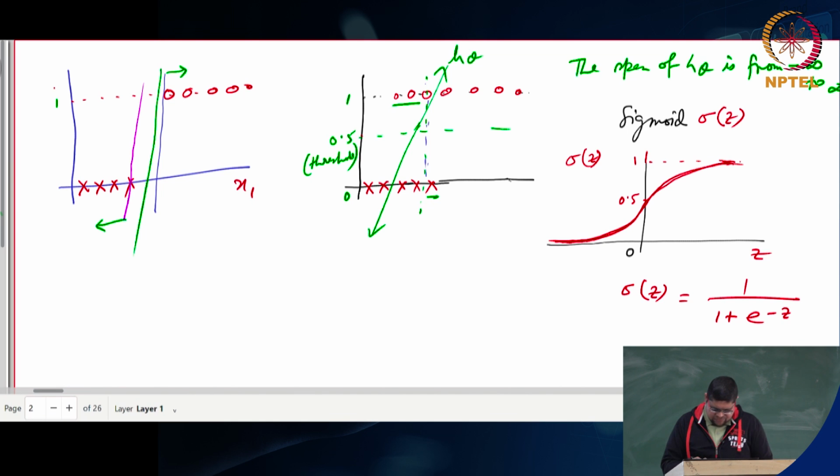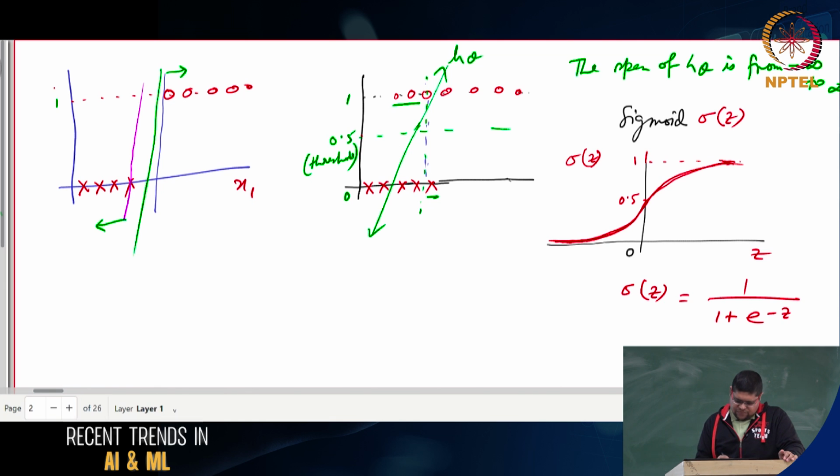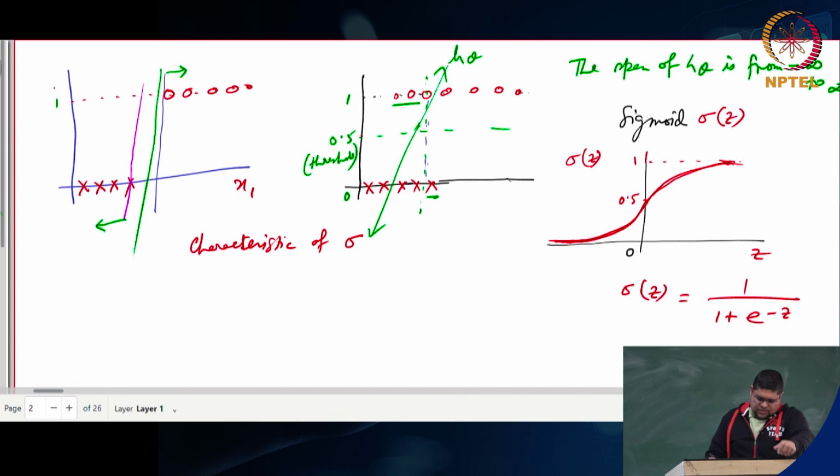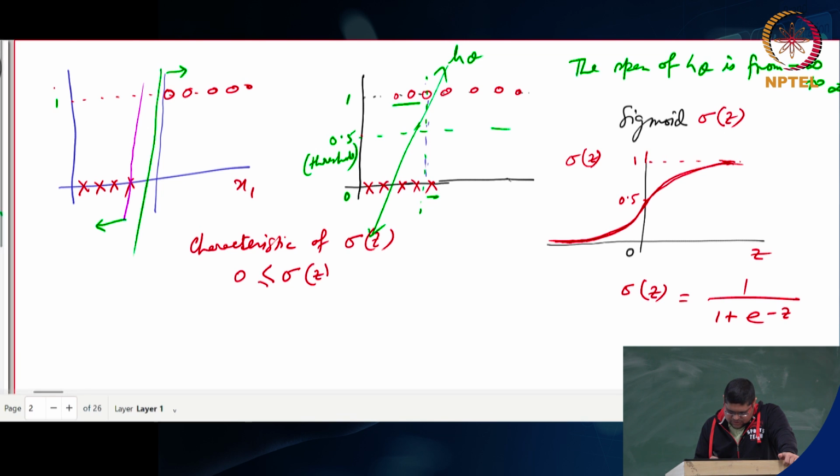Some interesting facts here are the characteristics of the sigmoid function: 0 less than or equal to sigma Z less than or equal to 1.